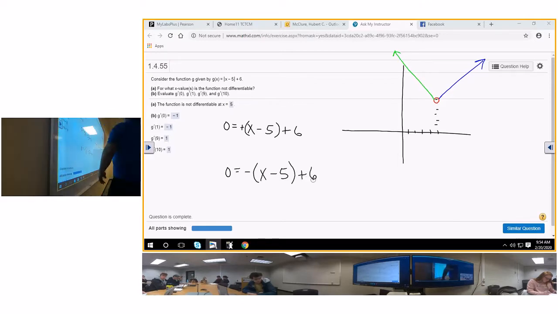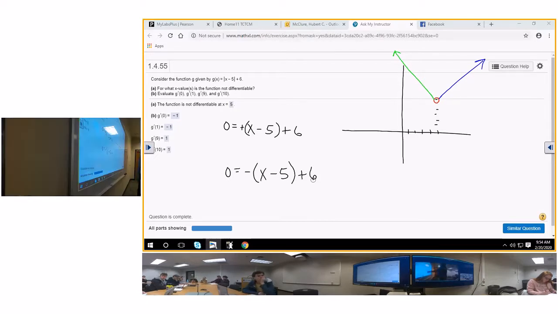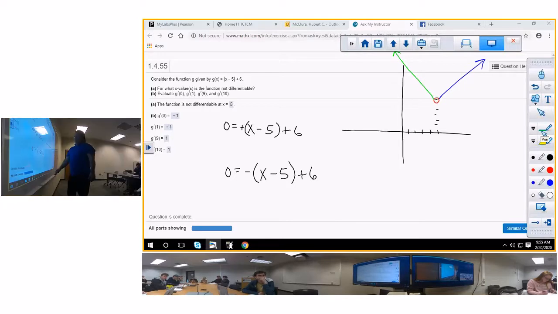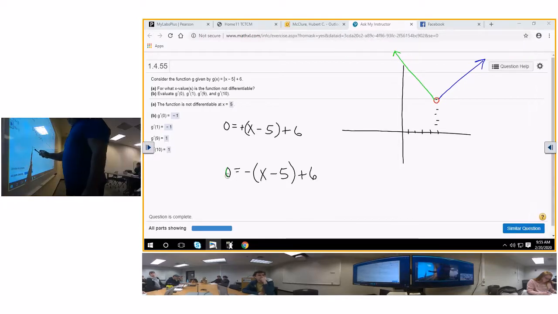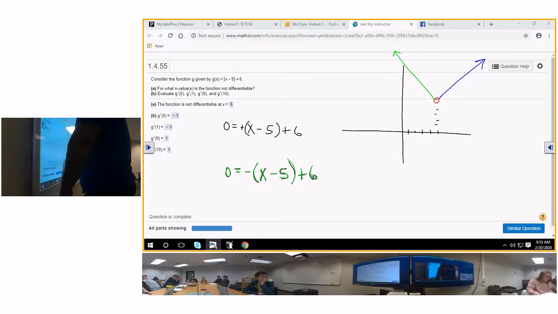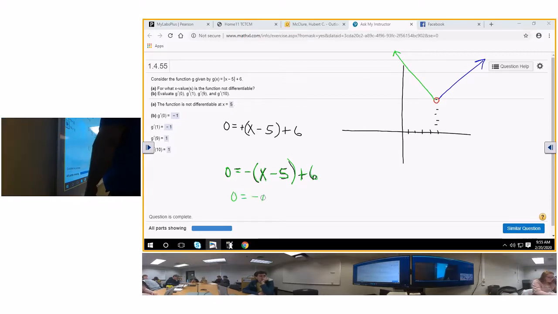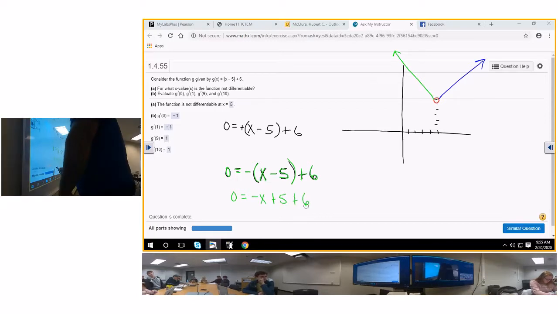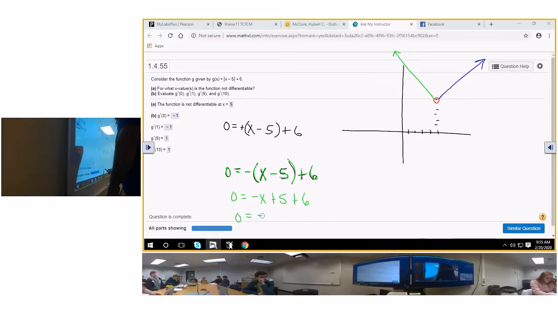This one's in green because it's a negative slope. So let me write this in green. 0 is equal to negative x minus 5 plus 6. And that's going to be 0 is equal to negative x plus 5 plus 6. 0 is equal to negative x plus 11.